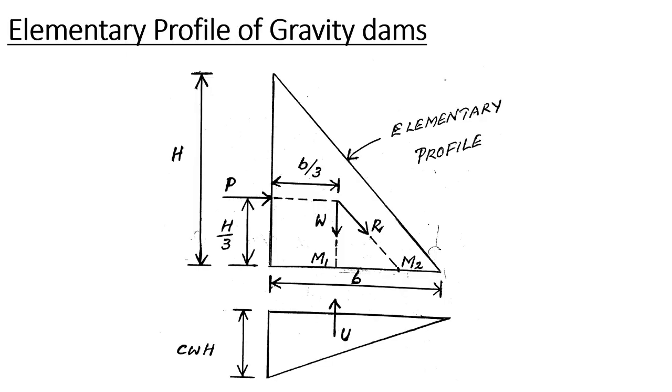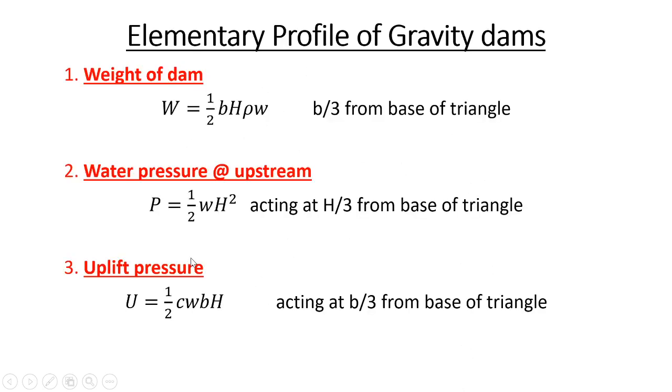Here the area of the dam is the area of this triangle, that is half into b into H. That should be multiplied with the unit weight of the material.